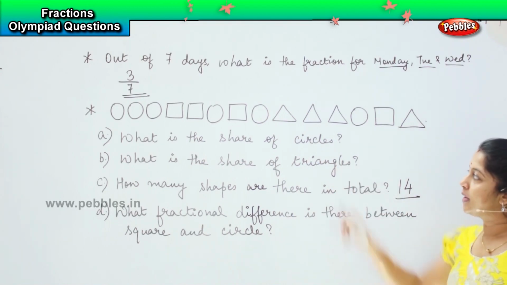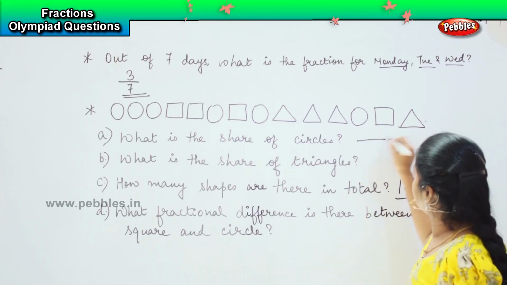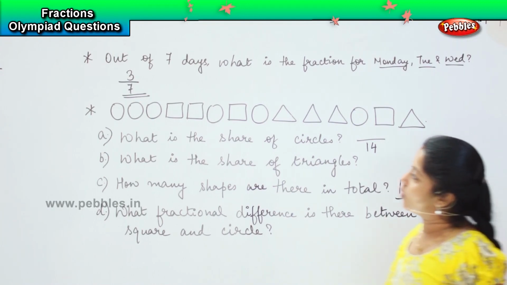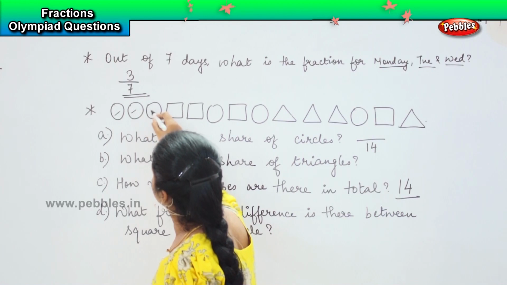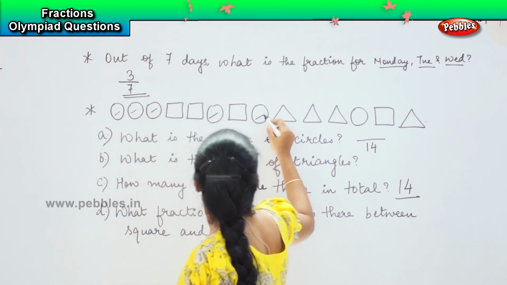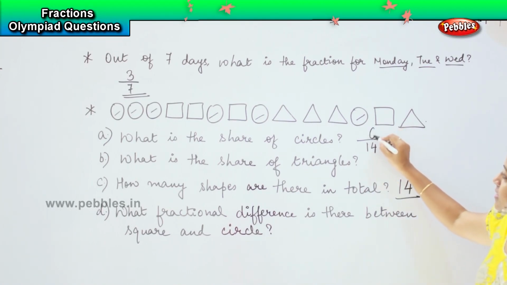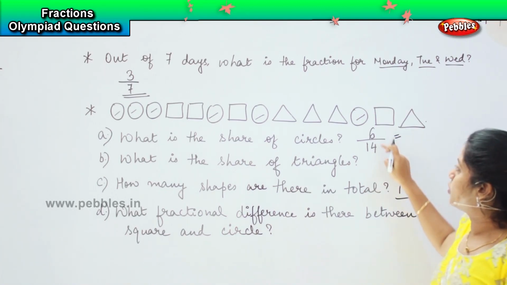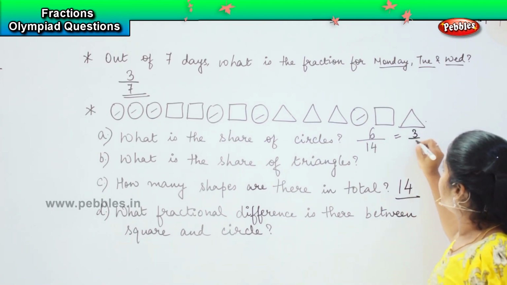So we need to find out among the given shapes, how many circles are there given below? Okay. So, we will write by 14 and then we will count down the number of circles. It is 1, 2, 3, 4, 5, 6. Right. So, there are 6 circles. So, we will write it as 6 by 14. You can also write it in the short form because both the numbers are divisible by 2, right. So, you can write 3 by 7.